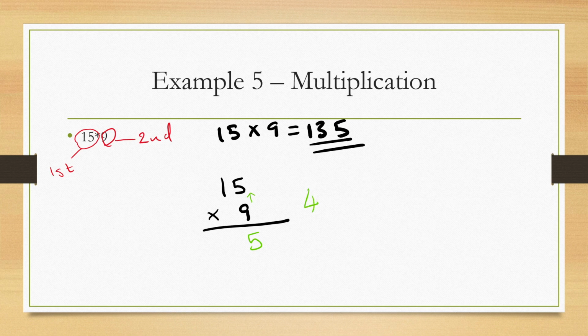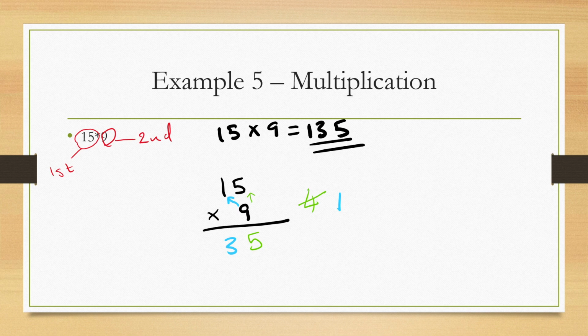Now you do 9 multiplied by 5. You need to follow this arrow, the green arrow. 9 multiplied by 5 is 45. So you put the 5 underneath the 9 and then you carry the 4 over. Then you do 9 times 1, which is 9.